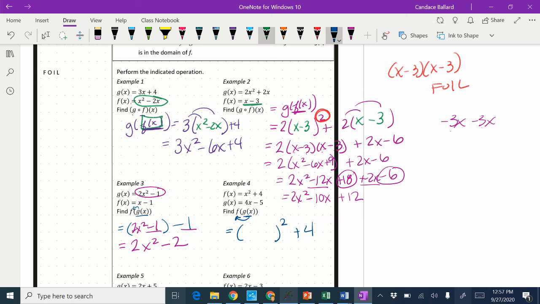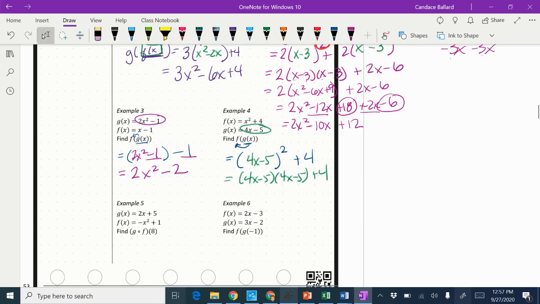Now I'm going to substitute in the g function into where the x value was, and there were the parentheses. So 4x minus 5. As we learned in example 2, we have to write 4x minus 5 times 4x minus 5 in order to get this correct. And I'm just dropping down the 4. So we have 4x times 4x, which is 16x squared. 4x times negative 5 is negative 20x.